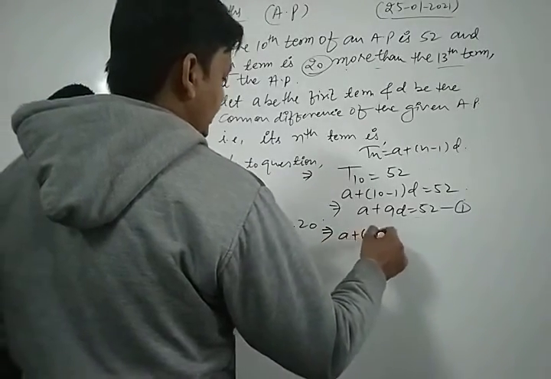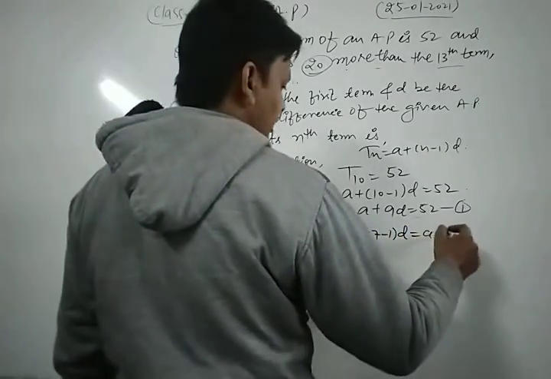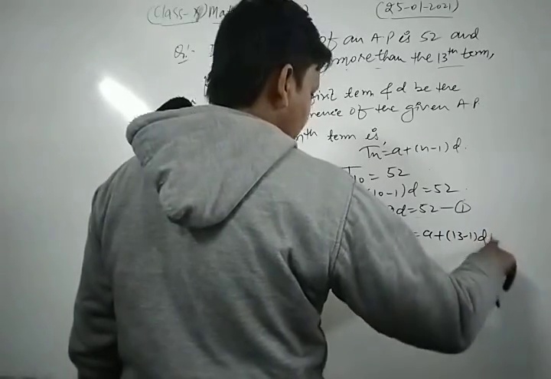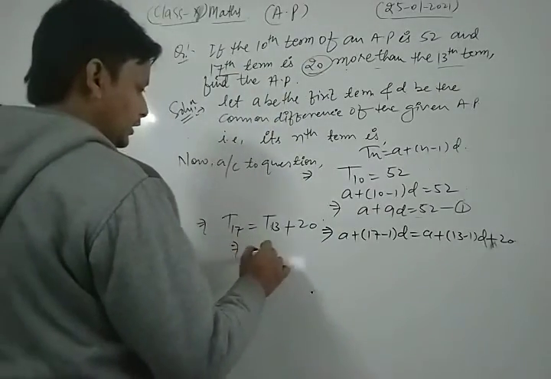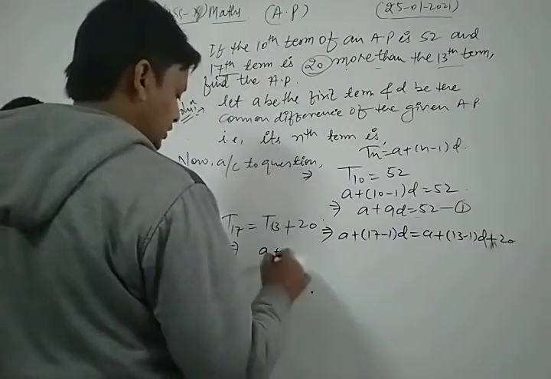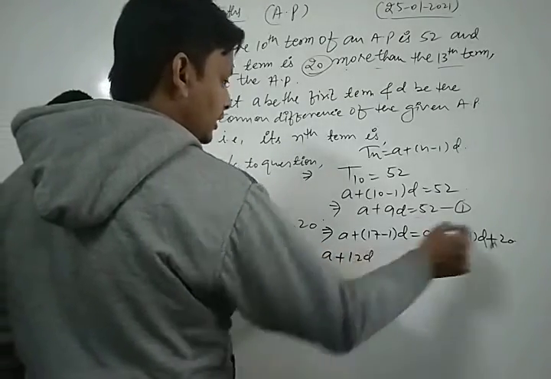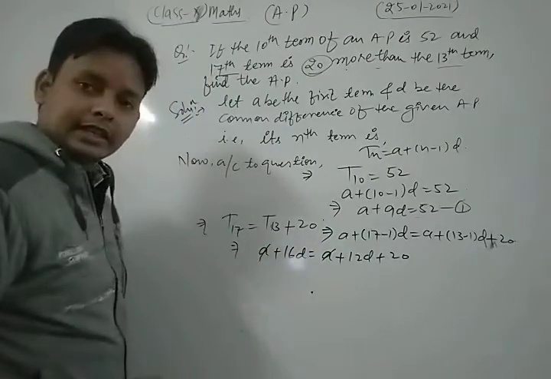A plus 17 minus 1 into D is equal to A plus 13 minus 1 into D plus 20. Simplifying, we get A plus 16D is equal to A plus 12D plus 20. Now A cancels on both sides.